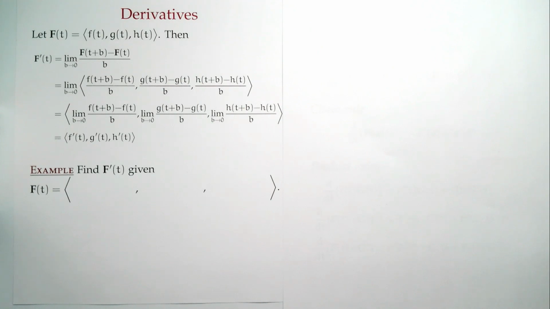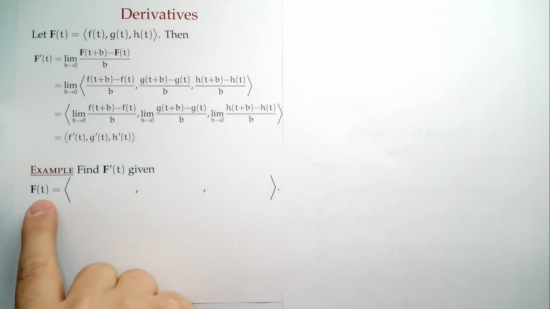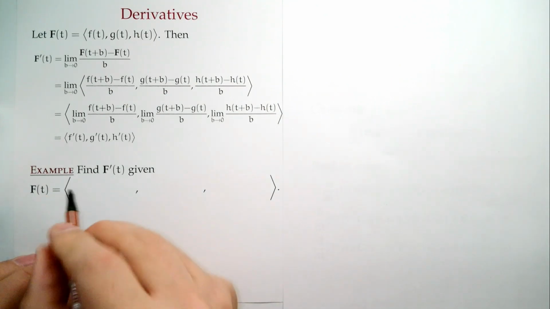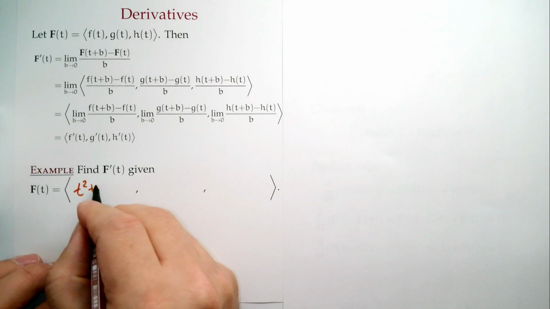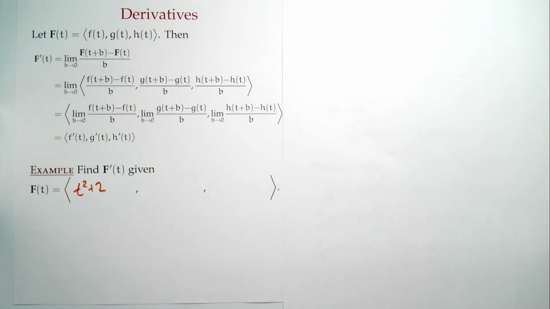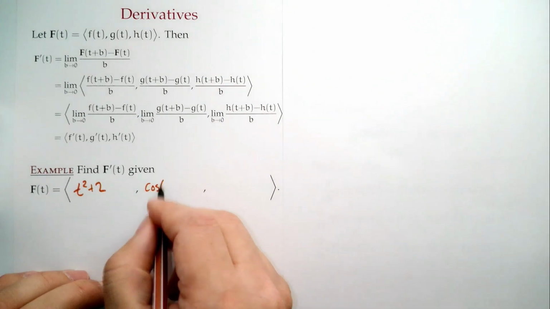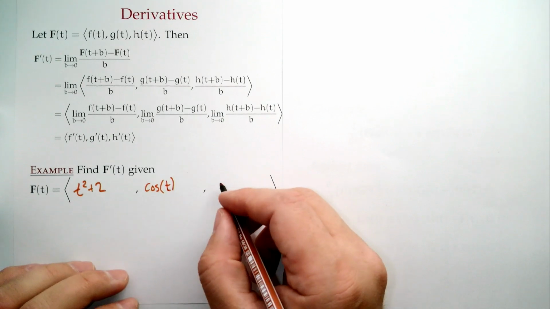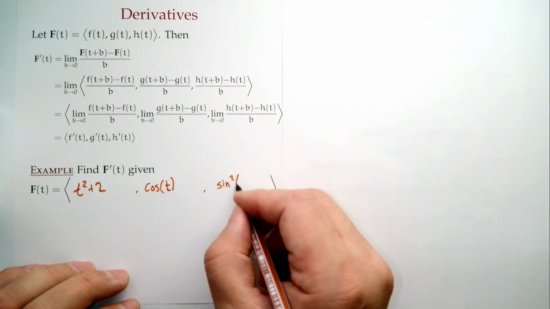X squared plus 2 is not a bad idea, but notice our parameter is t, so we'll change it to t squared plus 2. Very good. All right, thank you. We go to our second entry. Cosine of t. All right, good. You're hopeful that I'm going to be nice to you if you're nice to me. We'll see if that pays off. The last entry. Sine squared of t. All right. Perfectly great function.